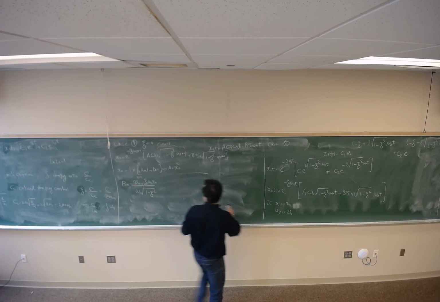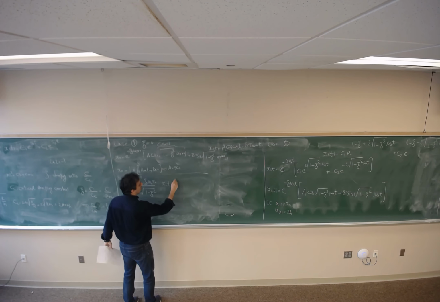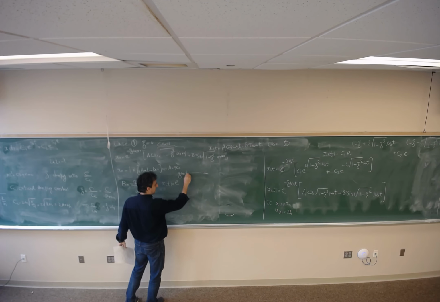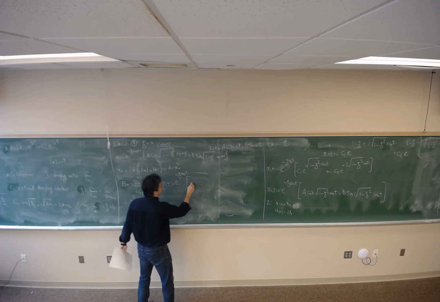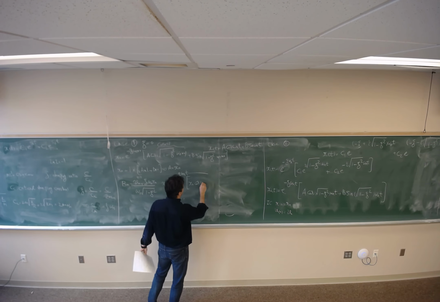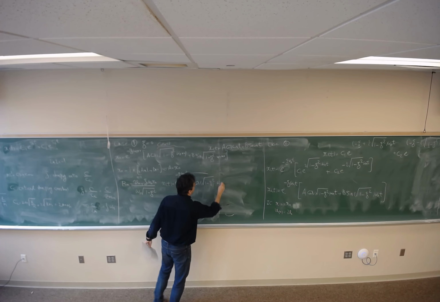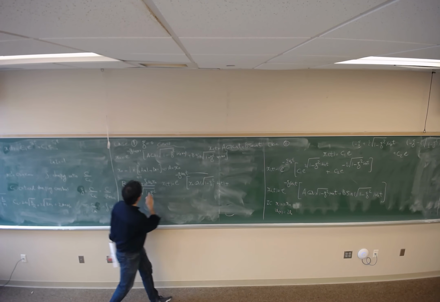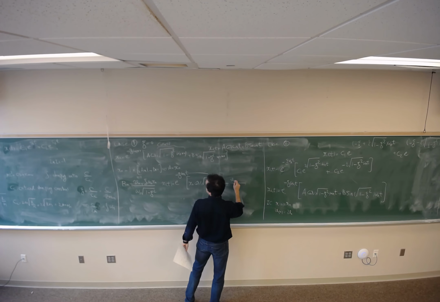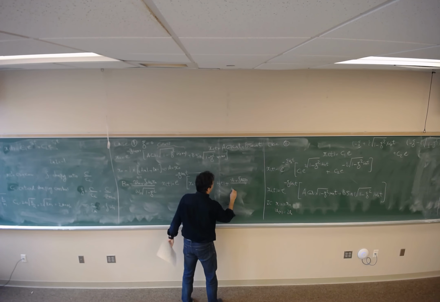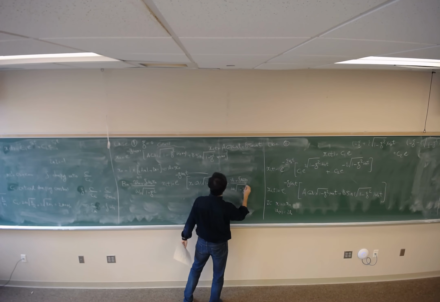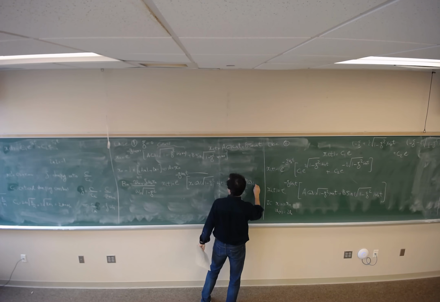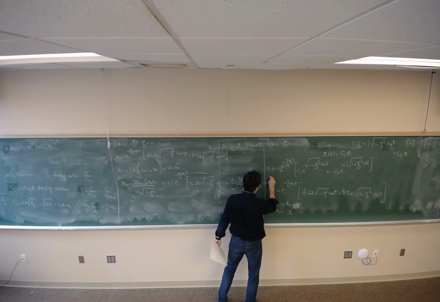So I'm going to get x of t equals e power negative zeta omega n t multiplied by A, which is x naught, times cosine of square root of 1 minus zeta square omega n t, plus B. B is this guy: v naught plus zeta omega n x naught over omega n square root of 1 minus zeta square, times sine, sorry, sine of square root of 1 minus zeta square omega n t. And that's it.